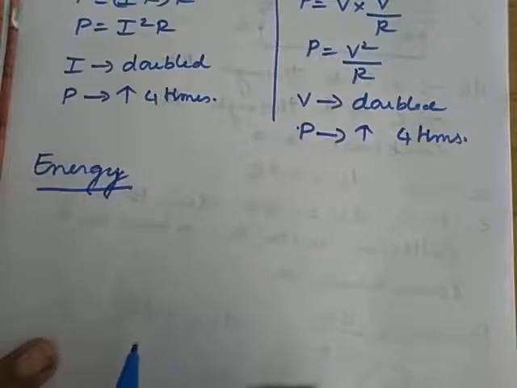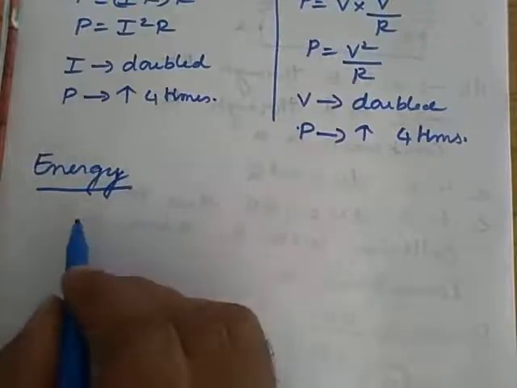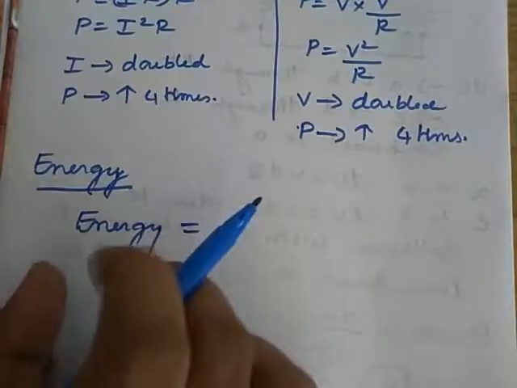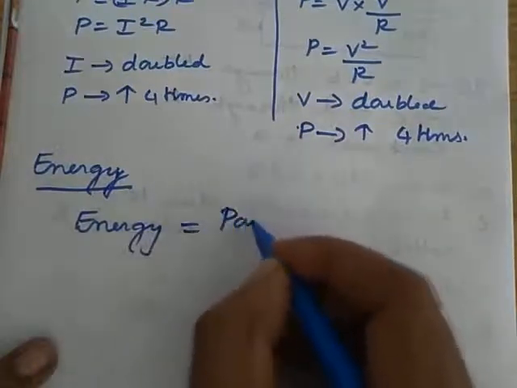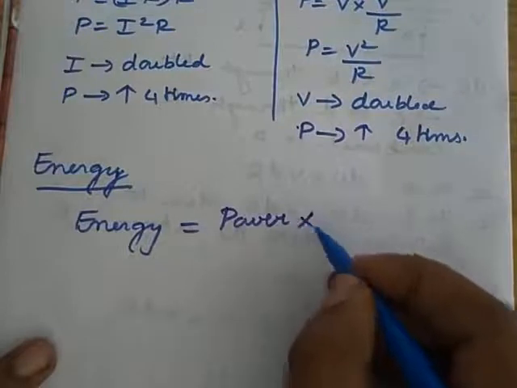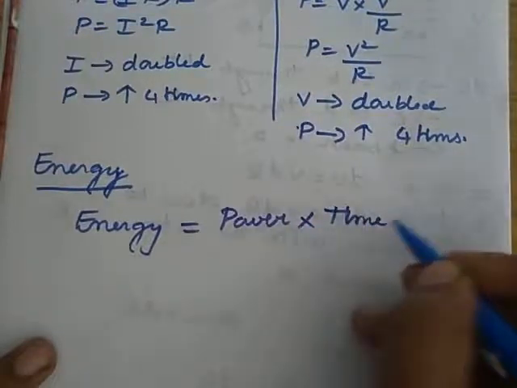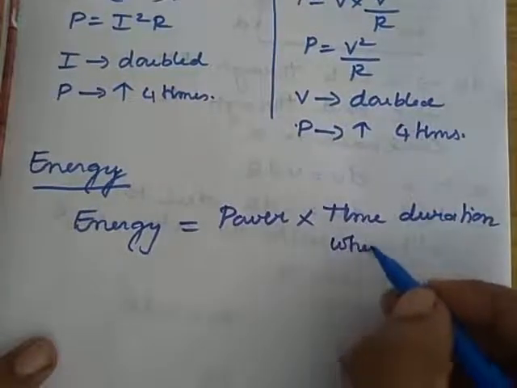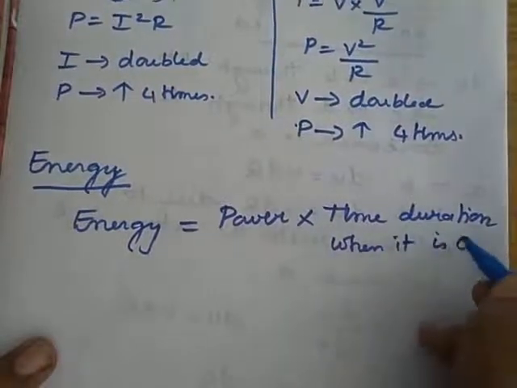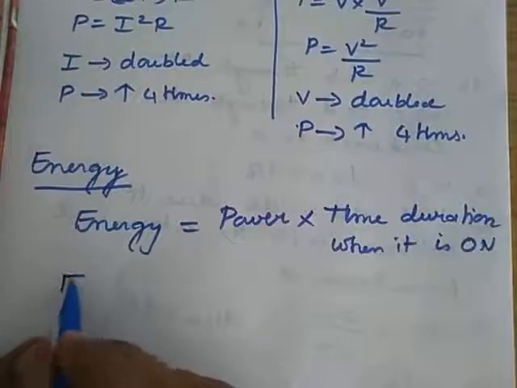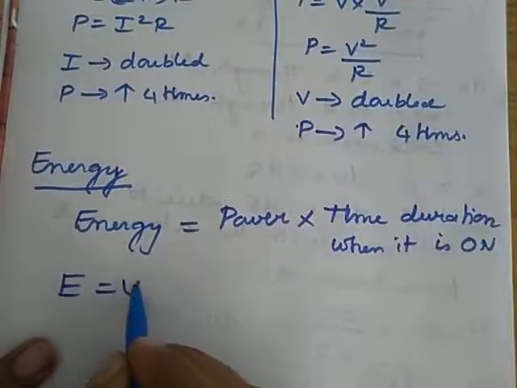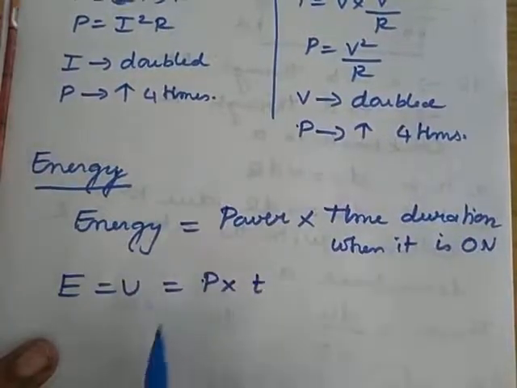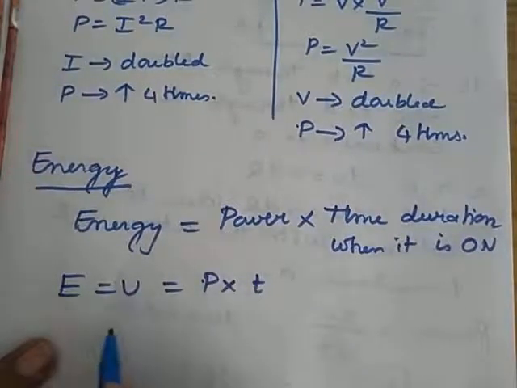The total energy consumed by an appliance is equal to the power of the appliance into the time duration when it is on. Energy is represented as E or U, that is equal to power P into time T.